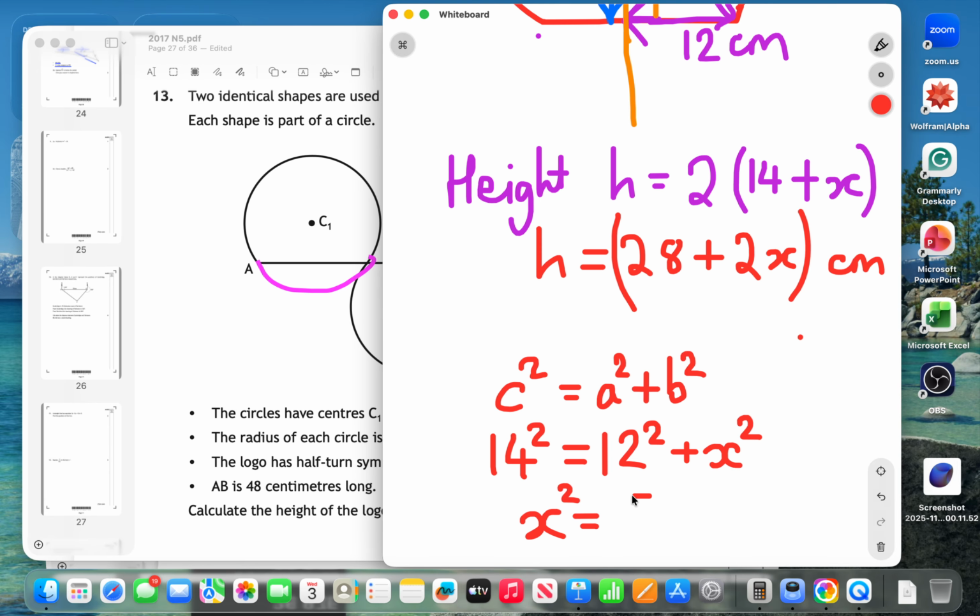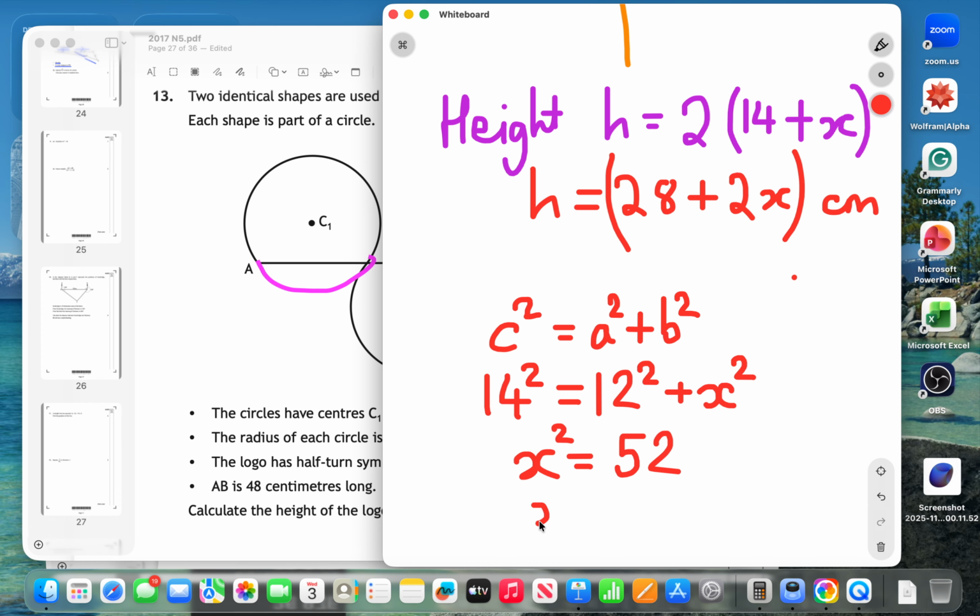So x squared is 52, and x is the square root of 52, and we're going to keep quite a lot of decimal places. You don't want to round off too early in a question. In fact, that's plenty.